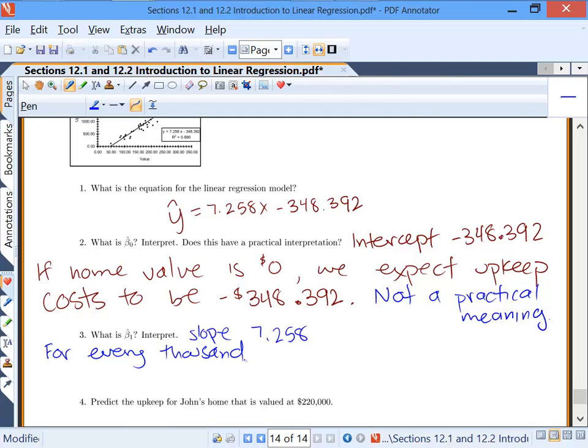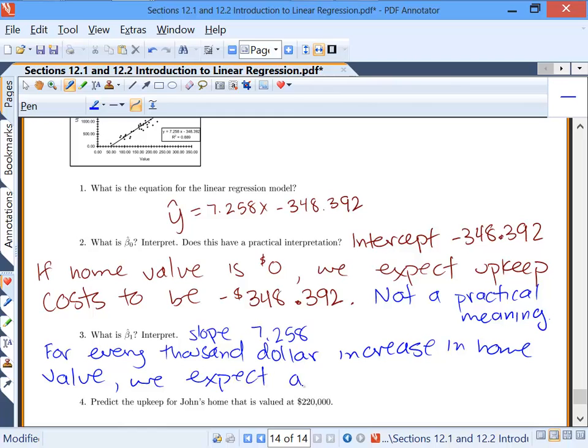It's good that you remember that our units were thousands of dollars, so it's not for every $1 increase, it's for every $1,000 increase. So for every $1,000 increase in home value, we expect a $7.258 increase in upkeep.